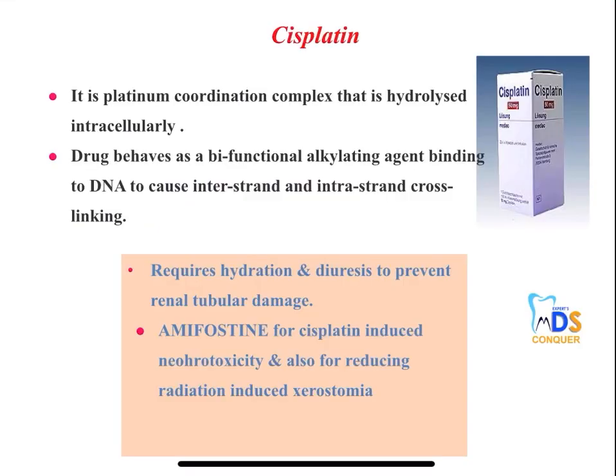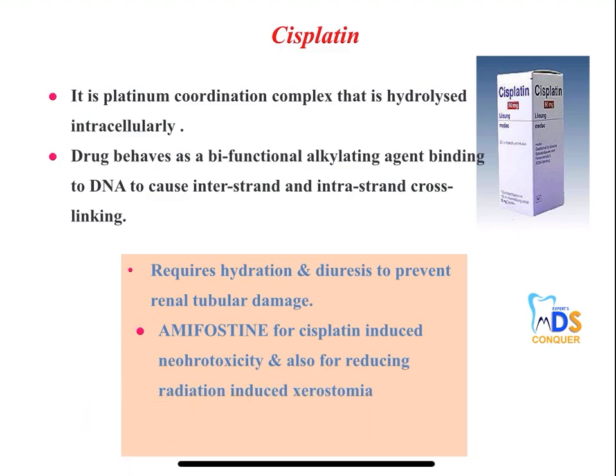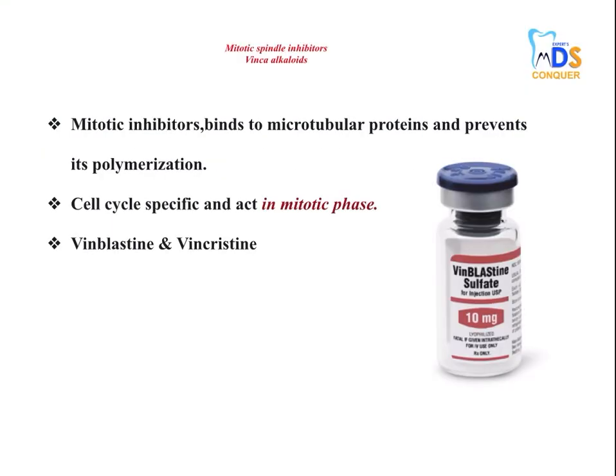Next, the platinum compounds. Why it is important is cisplatin: amifostine is used for cisplatin induced nephrotoxicity and also for reducing radiation induced xerostomia. When cisplatin is given, it is nephrotoxic, so amifostine can be given as a protector. It is not only for radiation induced xerostomia but also for cisplatin induced nephrotoxicity. That is the reason this is quite important.